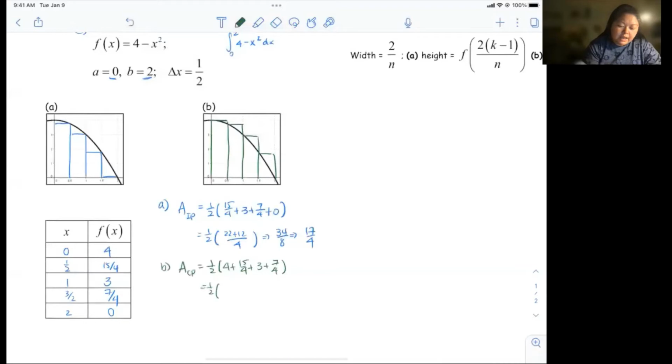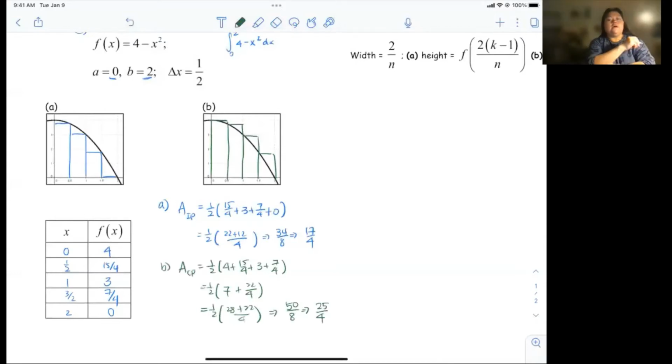That gives me 1/2 times 7 plus 22/4, 1/2 times 28 plus 22/4. That gives me 50/8. 25/4 is my circumscribed partition estimate.